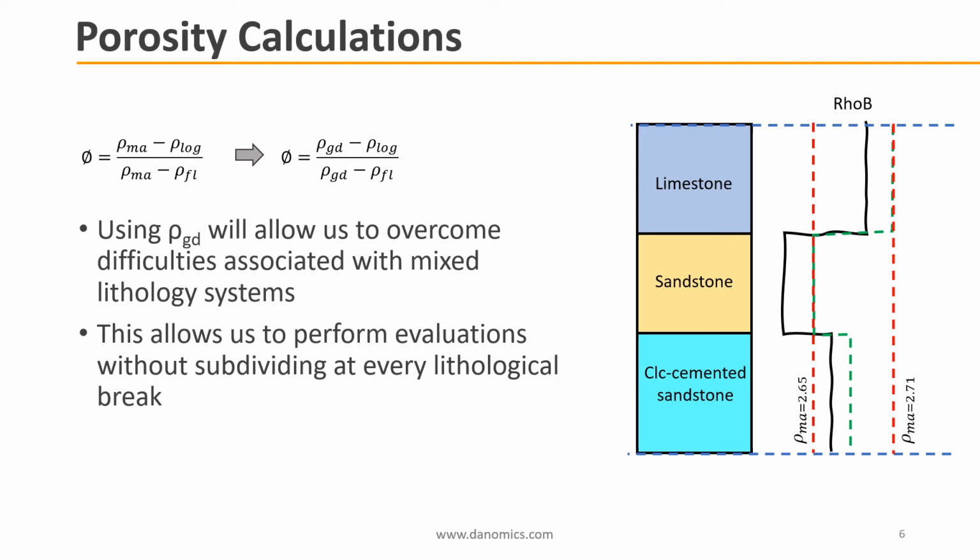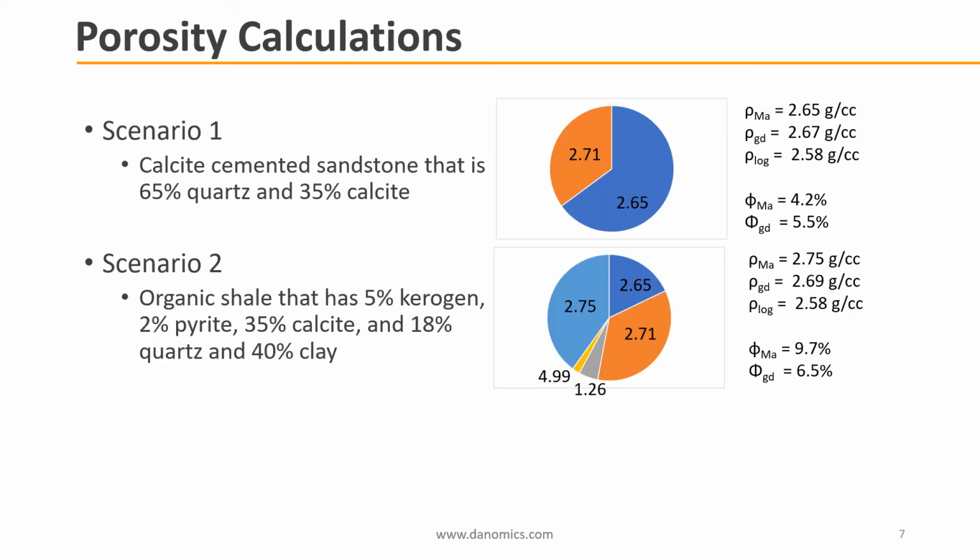But let's try to quantify this a little bit. So here we are going to be looking at 2 toy models. Now, I just want you to put aside that, yes, it is very unlikely that we are going to have something that we know is exactly 65% quartz and 35% calcite, and that maybe that's too simple of a system.